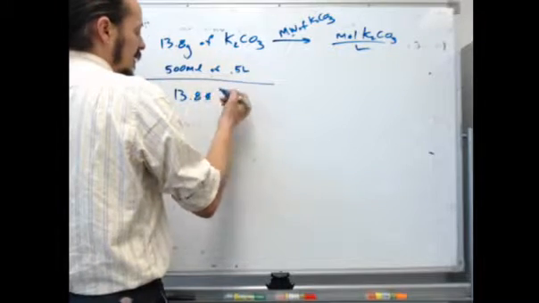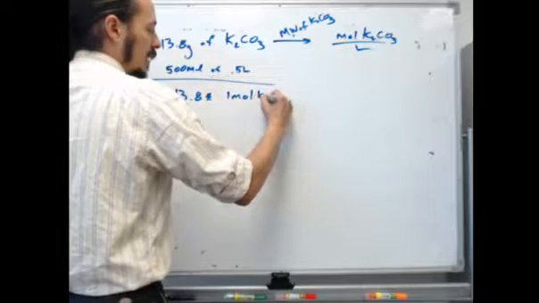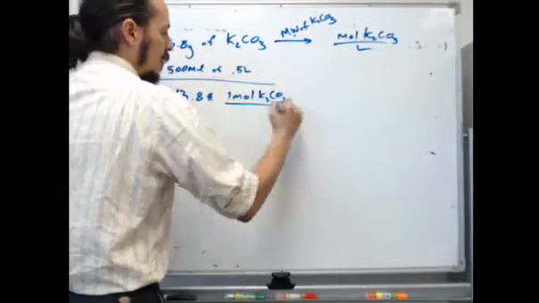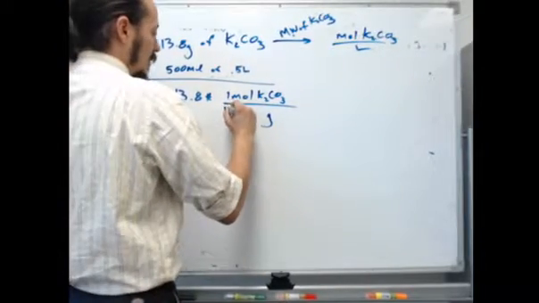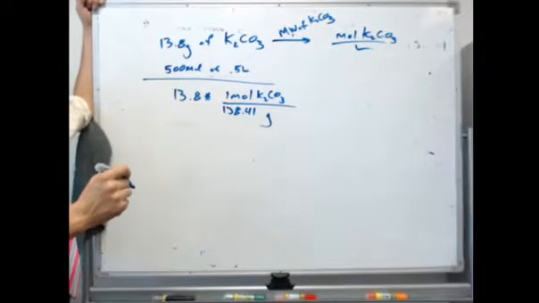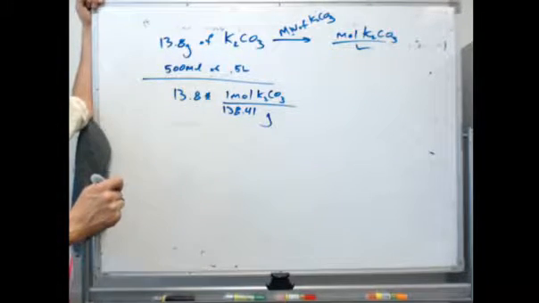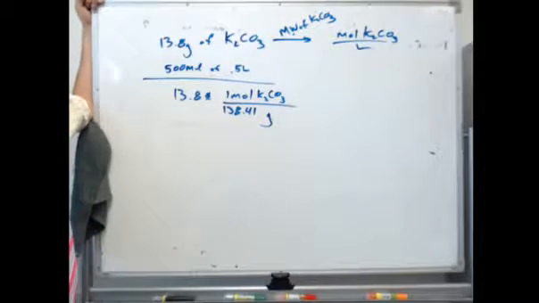13.8 times 1 mole K2CO3 for some number of grams, 138.41. If we round it to 138, the answer would be 0.1.